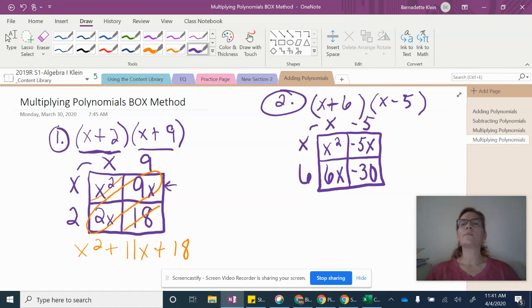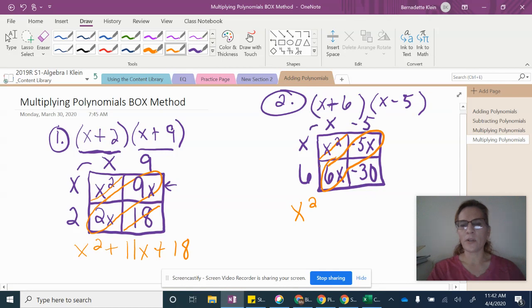Now, you have to add everything on the inside and find all your twins. So let's switch back to the orange. Does anything on the inside match with my x squared? The only one. So cross it out and write it down as the first part of your answer. Now you do see that I've got a number and a letter and a number and a letter. I have a positive 6x and a -5x.